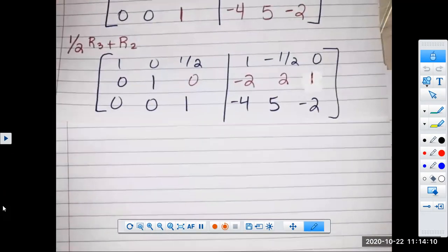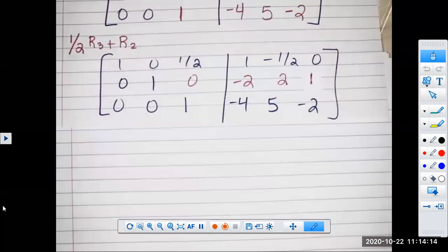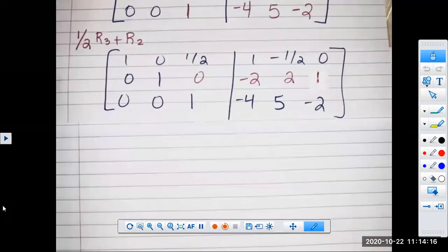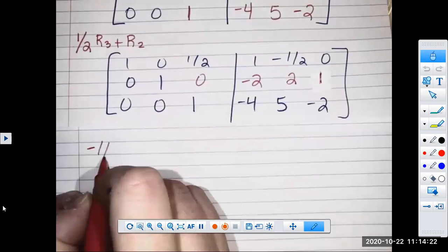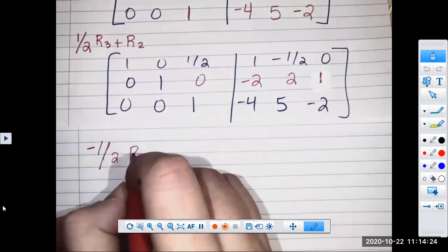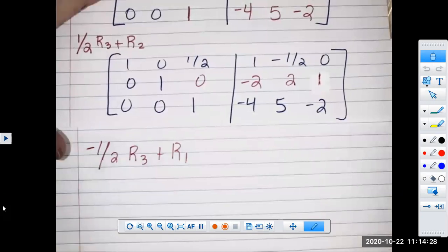All right, tell me what we're going to multiply row 3 by to get this 0. -1/2.